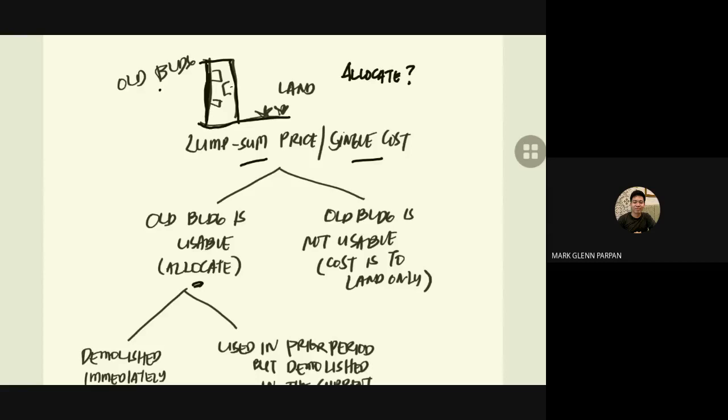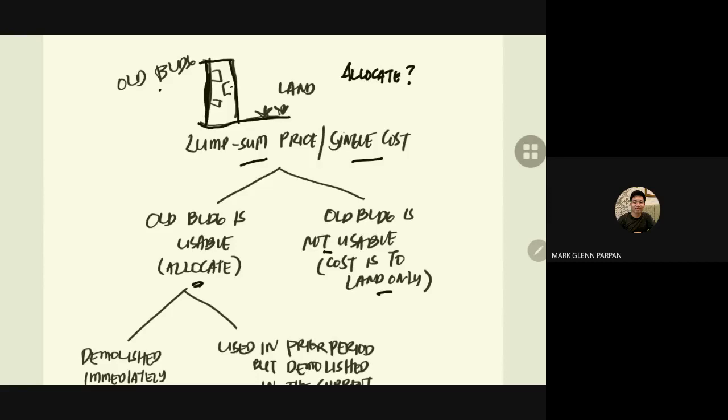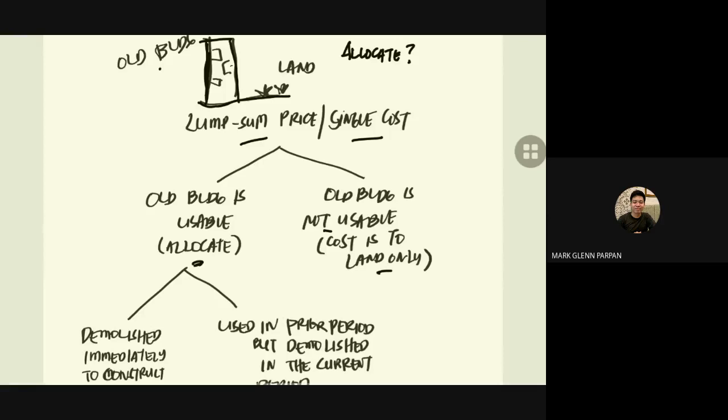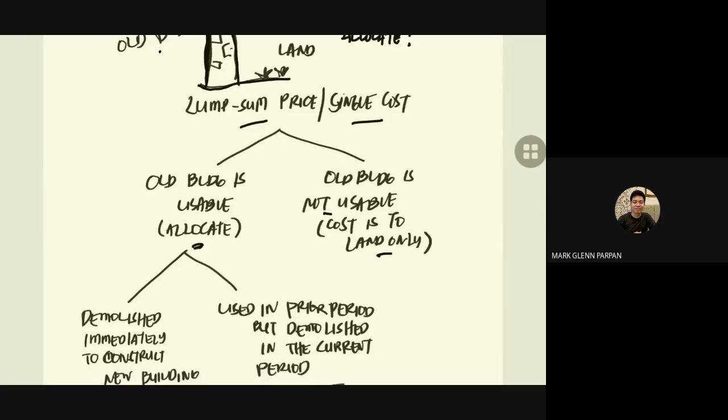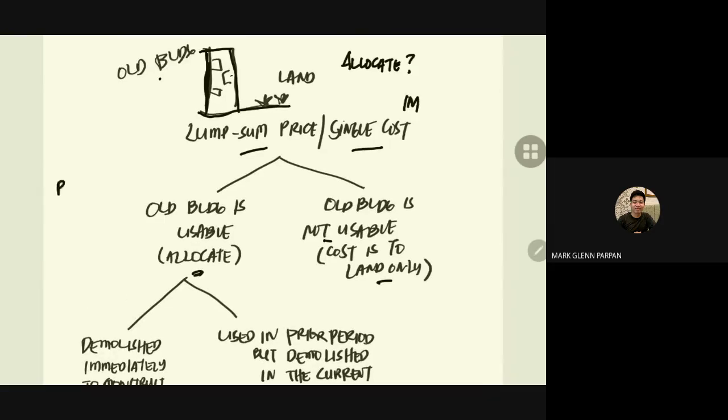Pero, if the old building is not usable anymore, therefore, all of the cost shall go to land na lang. Okay? So, I hope that is clear. So, for example, if the old building is usable, allocate natin. Yung cost natin is 1 million.